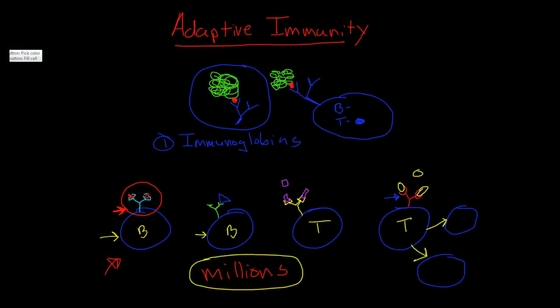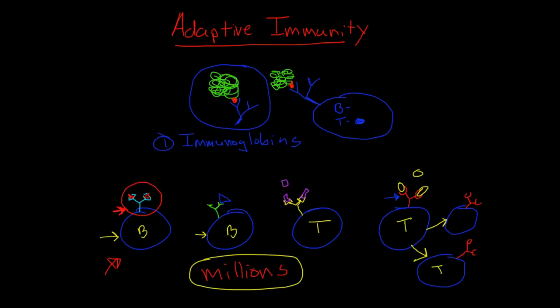So if it's a T cell, it's going to split up into a T cell with these exact antibodies on them, and it's going to keep dividing and dividing and eventually make millions of them. And then we will have enough to do something.